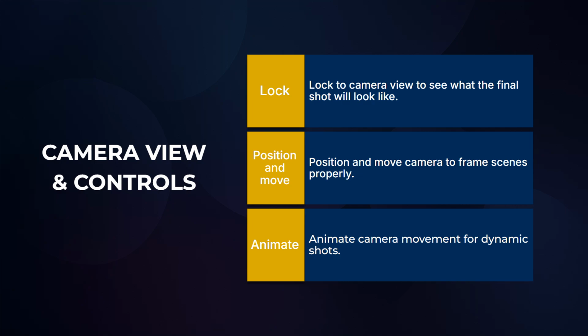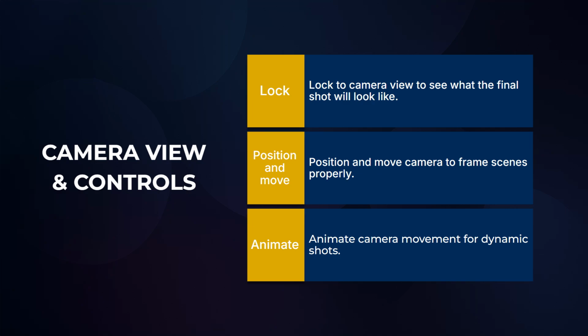Next up, we have camera view and controls. You can't create great animation or renders without a camera. The camera lets you frame your scene like a photographer. In render, you can press 0 on the number pad to enter camera view.